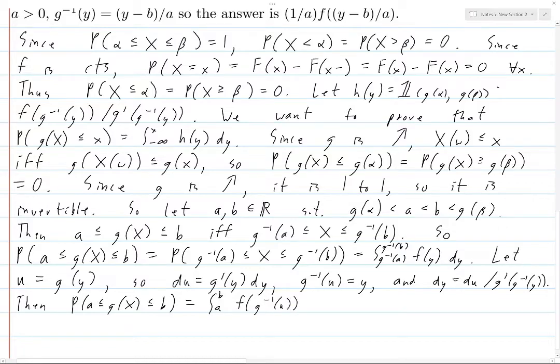And then we have to replace dy with du over g prime g inverse. This should be g prime g inverse of u, not y. And then this whole thing du. And then this is precisely the integral from a to b of h of y dy. I guess technically here it would be h of u du, but at this point the variable doesn't really matter all that much.